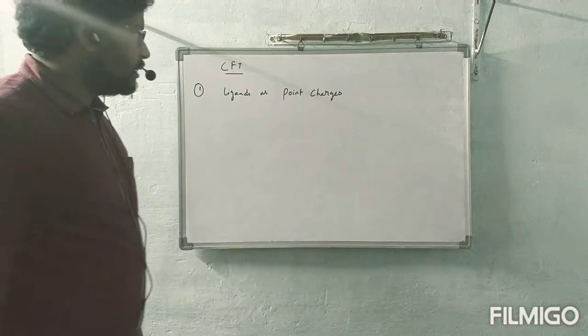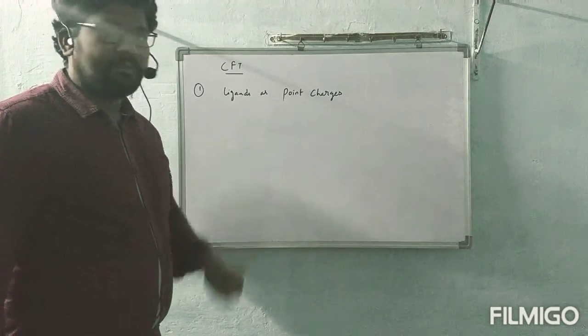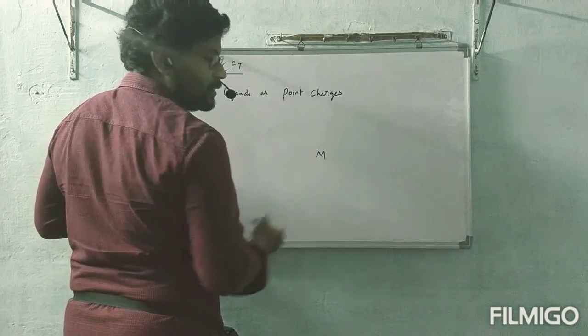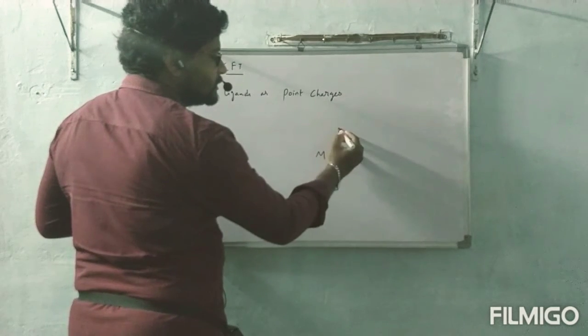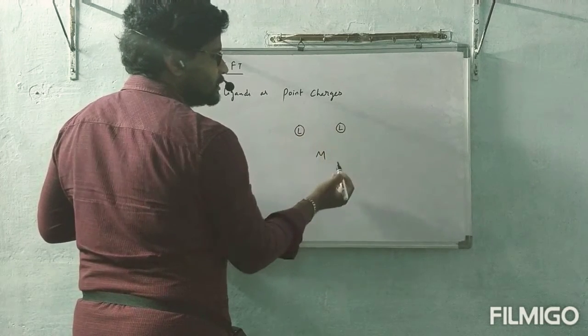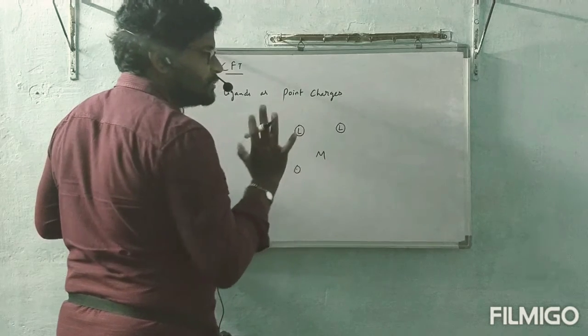That is the main assumption. Now, this is the central metal atom. Ligands are approaching, and these are like point charges. Point charges means some charged particles.